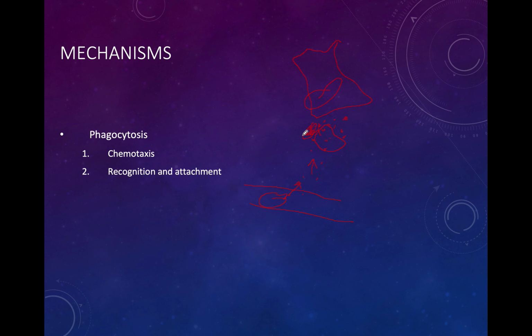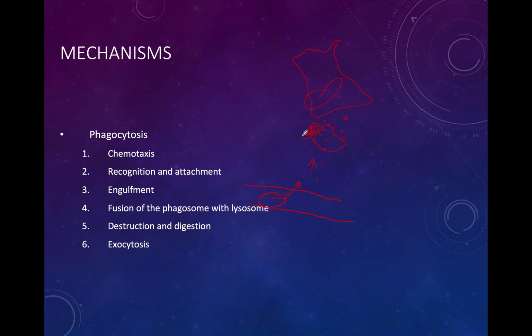So: recognition and attachment through the toll-like receptor binding to a foreign cell. This is followed by engulfment, fusion of the phagosome with the lysosome, destruction, and exocytosis.